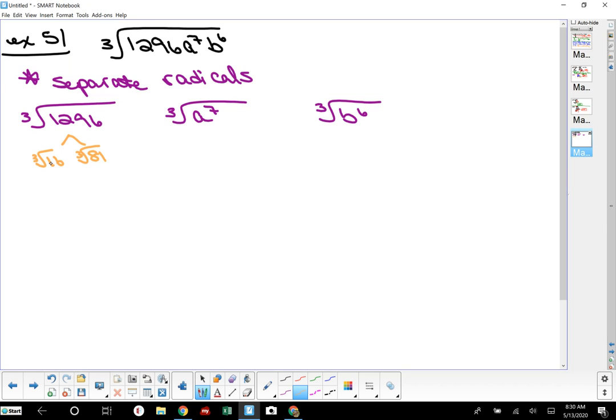So don't simplify these even if you see perfect squares, because they're not really. So the 16 is going to go to a 4 and a 4. Each 4 will go to a pair of 2s. The 81 will go to a 9 and a 9. Each 9 will go to a pair of 3s.